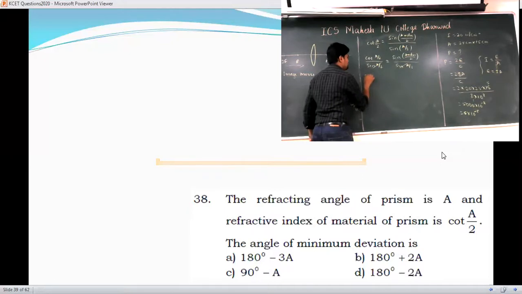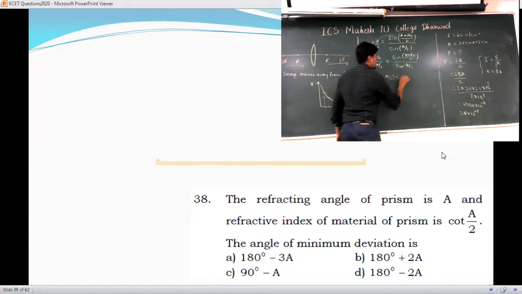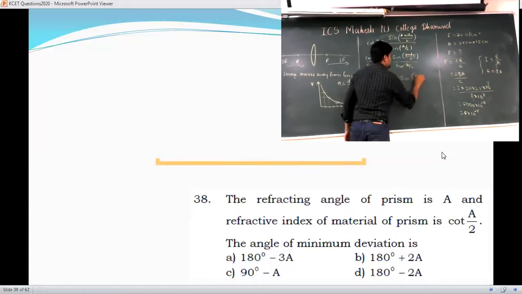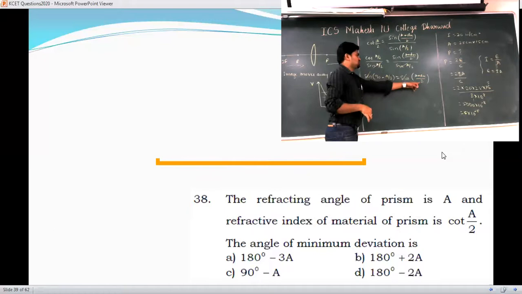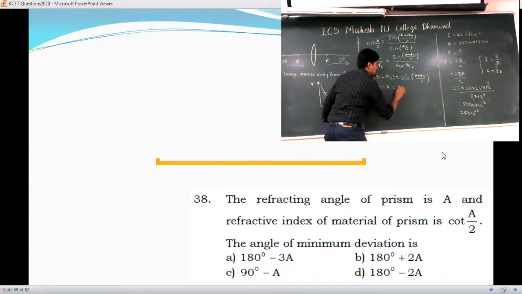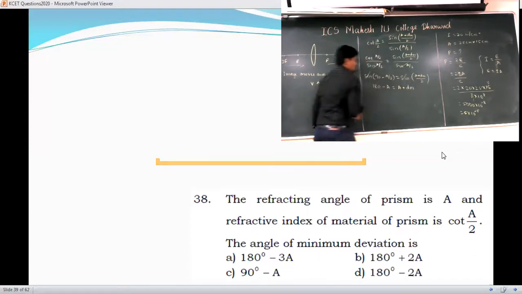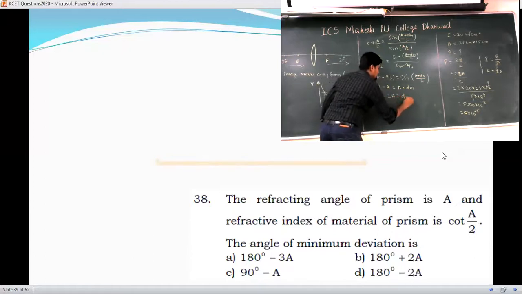It is sine of (90 minus A by 2), which is equal to sine of (A plus dm) by 2. Now the sines cancel each other. Cross multiply: 180 minus A, when you take this 2 here, the 2 gets cancelled, so you are left with 180 minus A equal to A plus dm. Now take this A to the LHS, so then it is 180 minus 2A equal to dm. That's it, this is our answer.